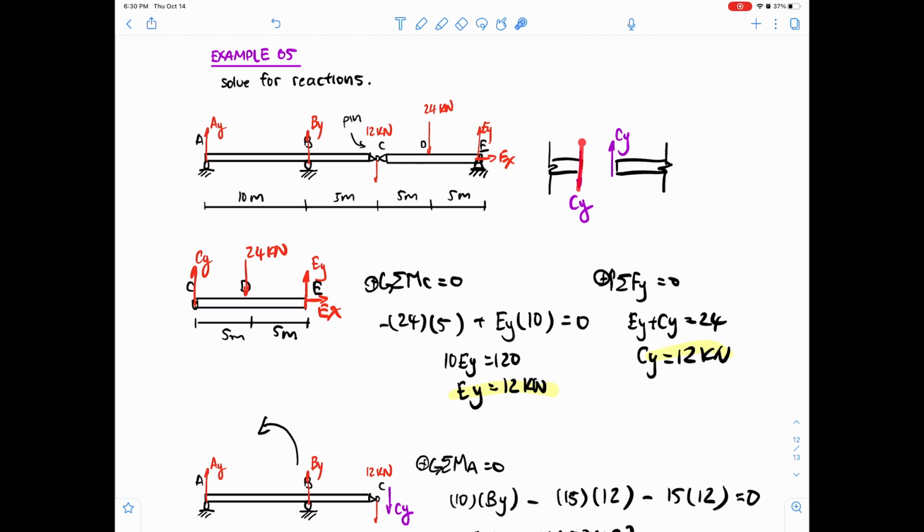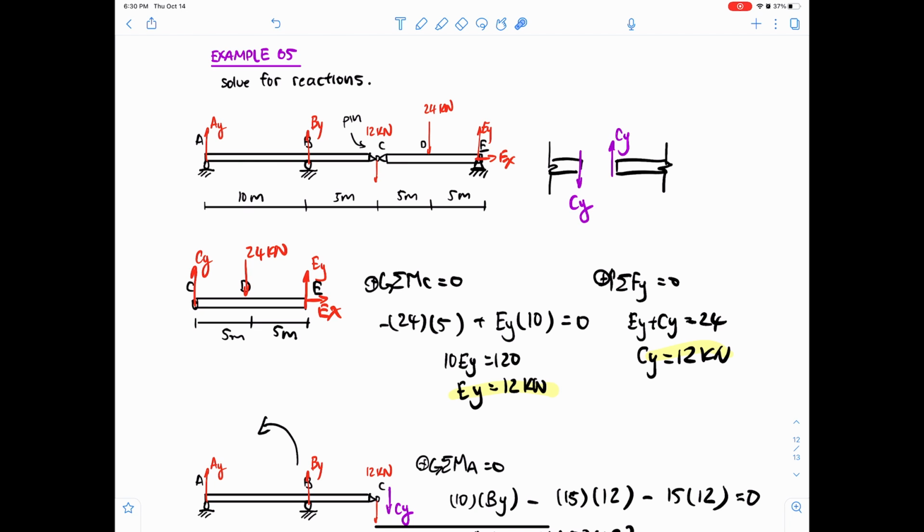It doesn't matter if this CY is going up and this one is going down. All that matters is that they are equal and opposite. And when you piece it back together in an entire system, you basically eliminate these two. These two just cancel out, because it's not moving here. So this means that you can just disregard C in its entirety when you're considering the whole system. But you can't do that at the very beginning because you don't have enough equations to solve for all the variables, if that makes sense.